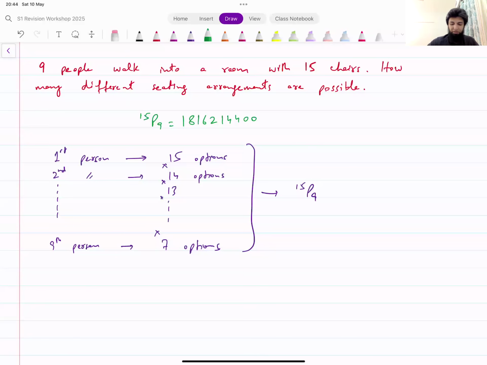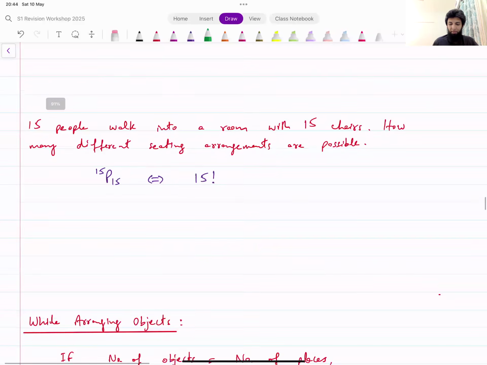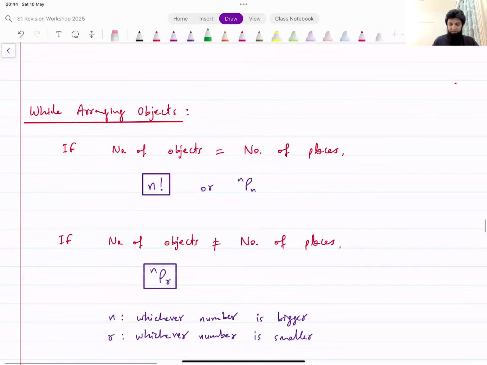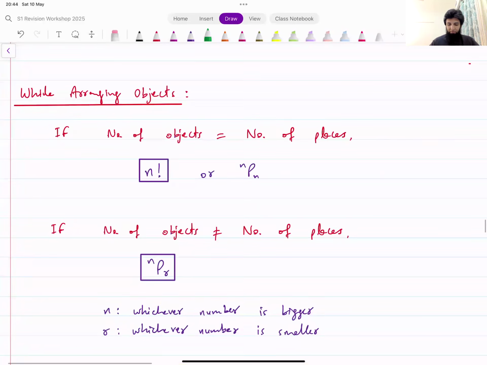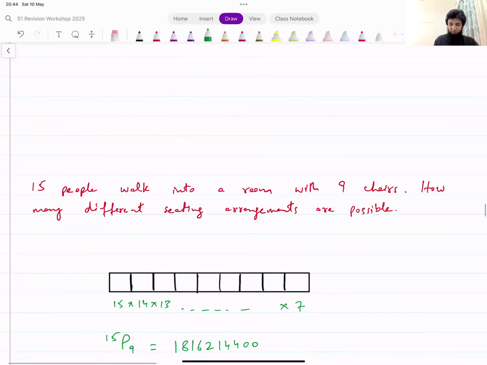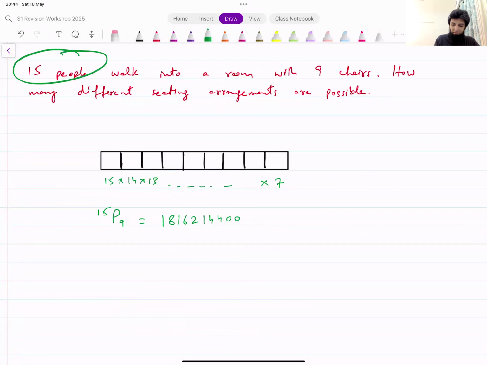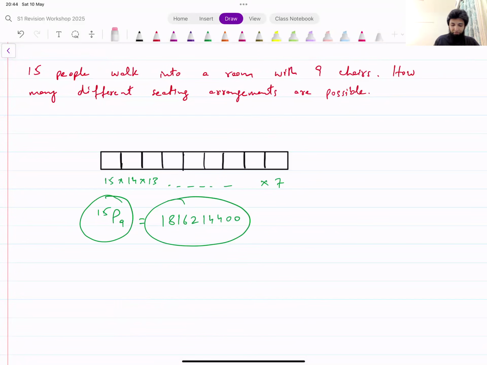But the takeaway from this discussion is, whenever you are arranging objects, let me just show you the results from this directly. We had 15 people, 9 chairs, 15 objects, and 9 places. 15p9 is the number of arrangements that we get from that.